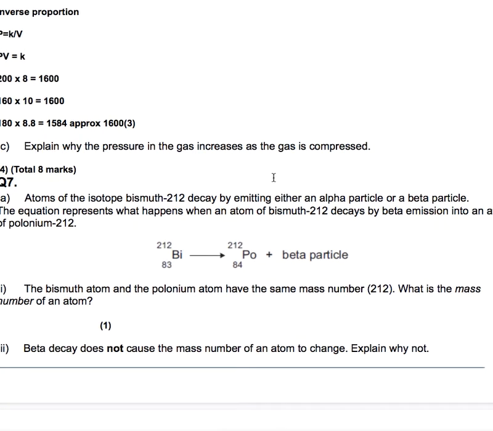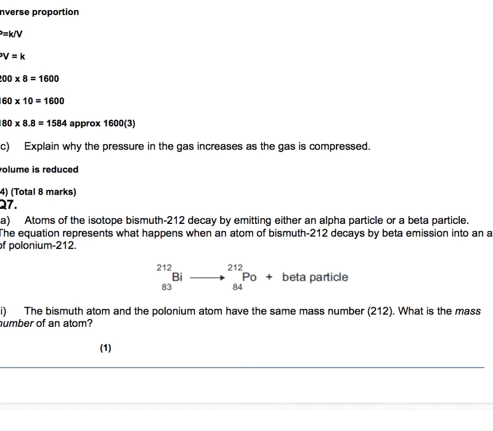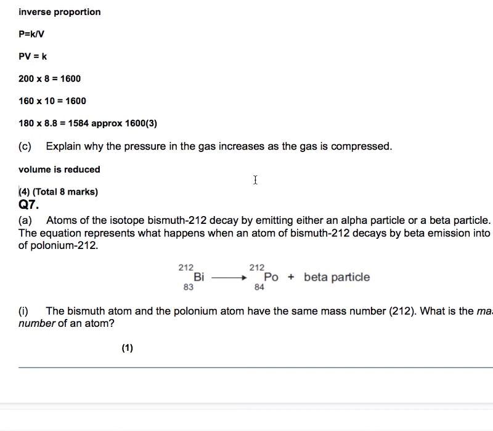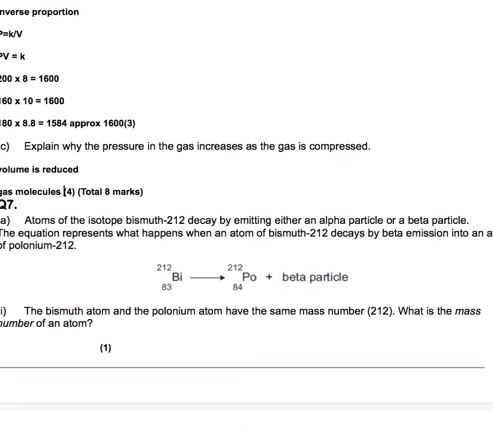Explain why the pressure of the gas increases as the gas is compressed. 4 marks. What do we mean by compressed? That's my first thought. The volume is reduced. So, what difference does that make? Well, it means that the gas molecules will collide with the walls of the container more frequently.